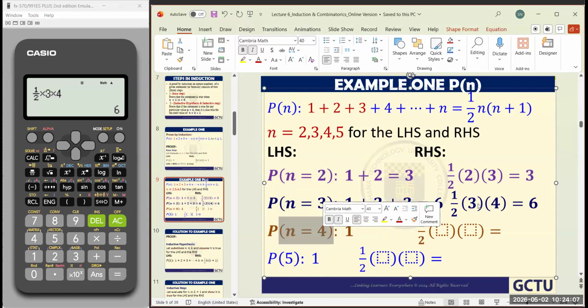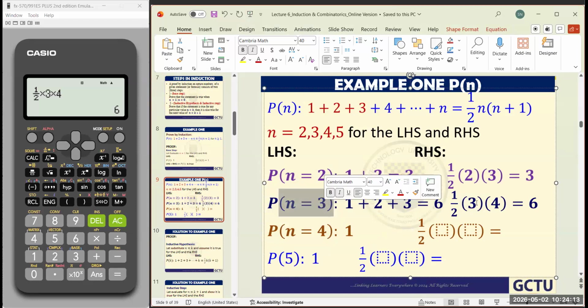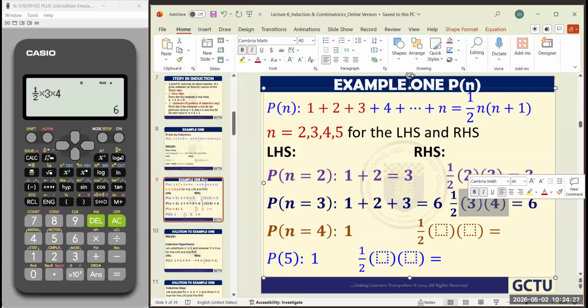So you see, that is why when we got here, we took n is equal to 3. This 3 we have here, that is what we place here. And then remember the formula is n and then n plus 1. So if n is equal to 3, it becomes 3 here, and this becomes 3 plus 1. That gives you 4. That's why I ended up getting 3 and 4. Sure, yes. Thank you. Welcome.